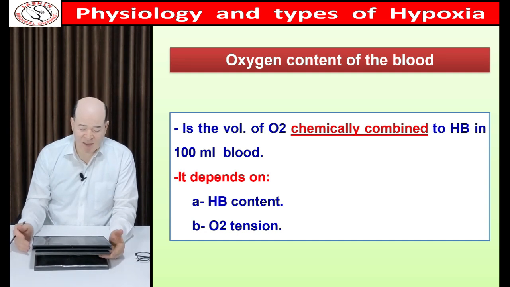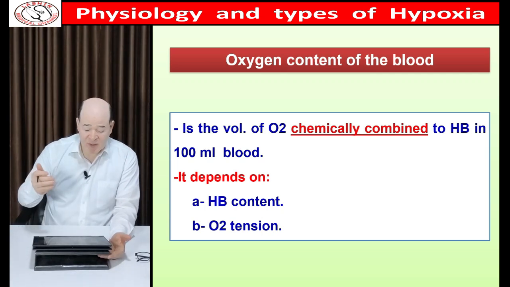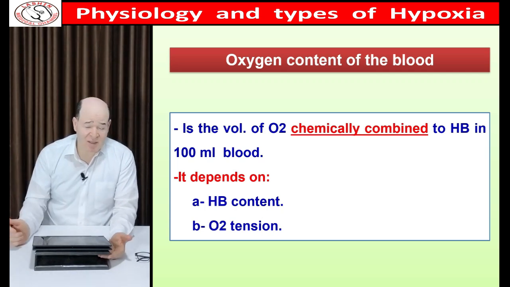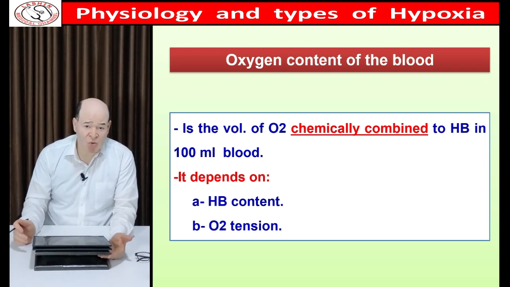It is the volume of oxygen that is chemically combined to hemoglobin in 100 milliliters of blood. It depends on the hemoglobin content and on the oxygen tension. So when there is normal hemoglobin content and a marked increase in the oxygen tension, you can expect that the content is high.